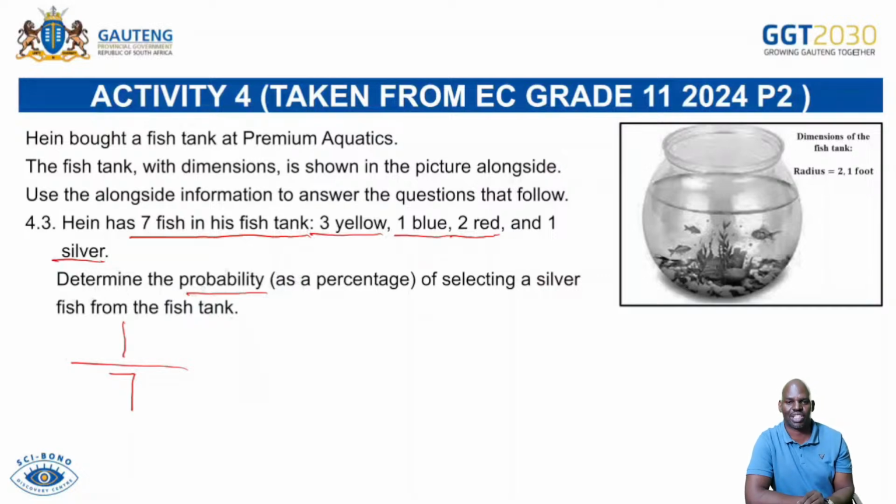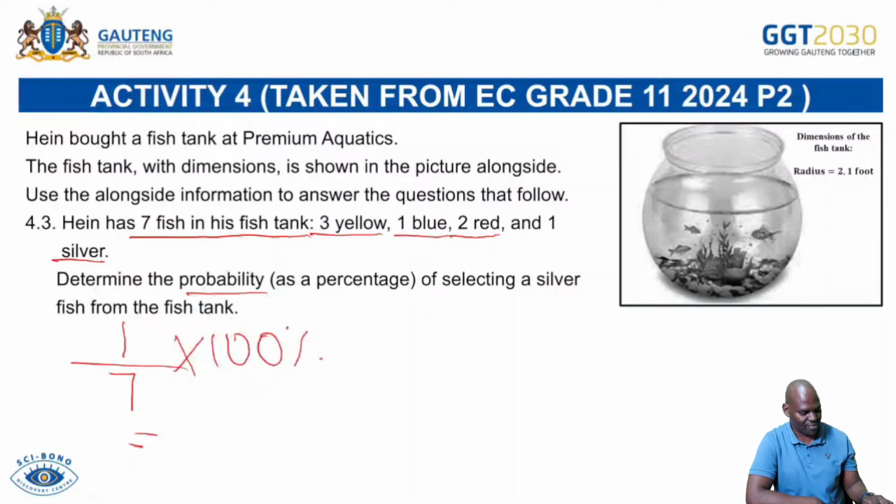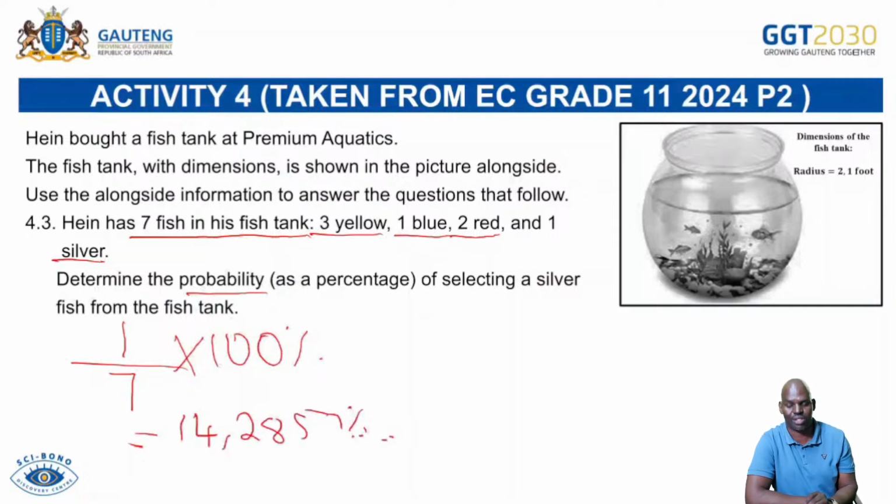But in this case, they say as a percentage, so we take 1 over 7 and multiply by 100%. Then 1 divided by 7, multiplied by 100, I get 14.2857 and so on. But this is a percentage.